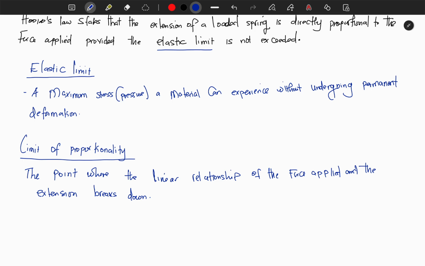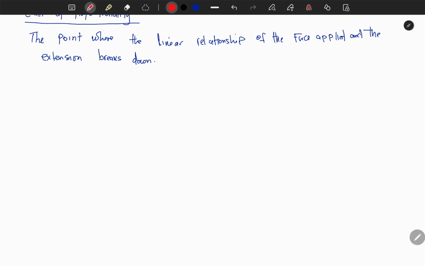Now, someone might say, sir, how can I draw that? Let me show you. We will always have the force on one axis, then we can have the extension on the other.